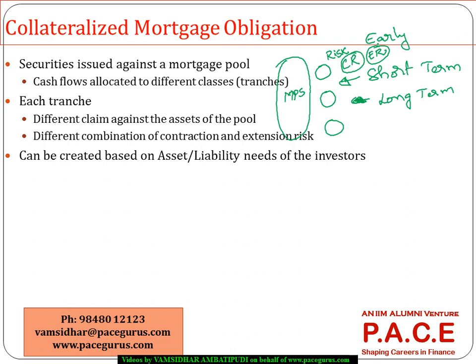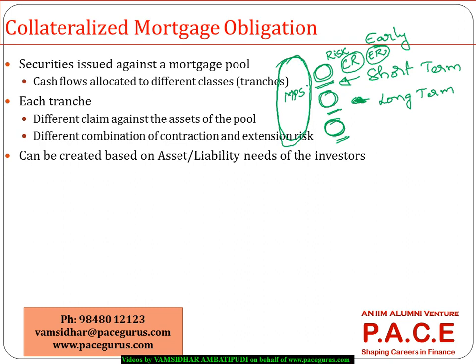Now, these particular instruments called collateralized mortgage obligations are nothing but the whole cash flows of the mortgage pass-through securities recreated into a new set of instruments, probably a new set of bonds, each with different risk levels. Why are we saying different risk levels?